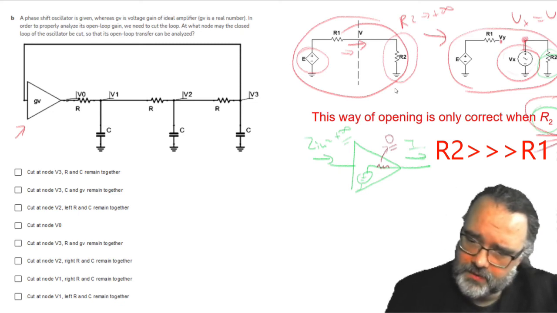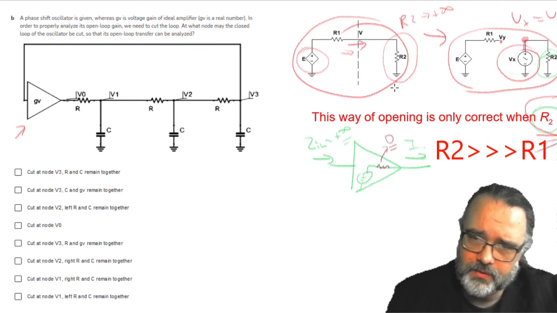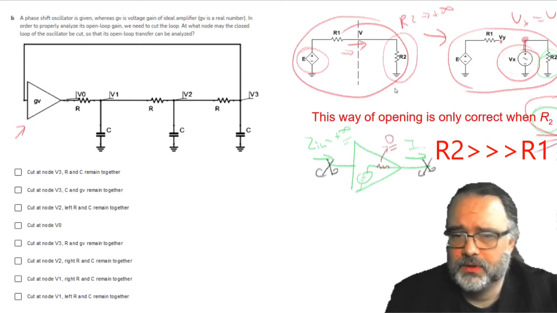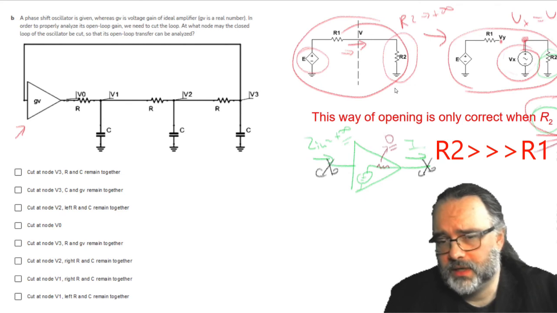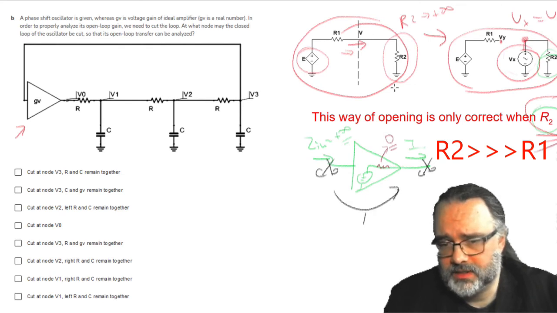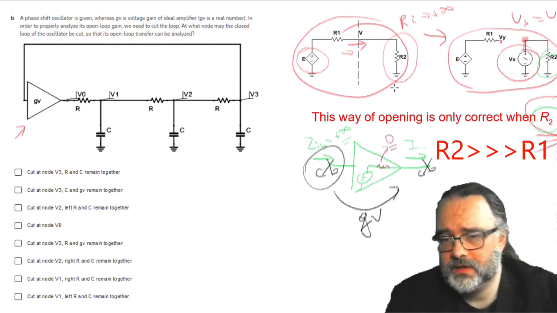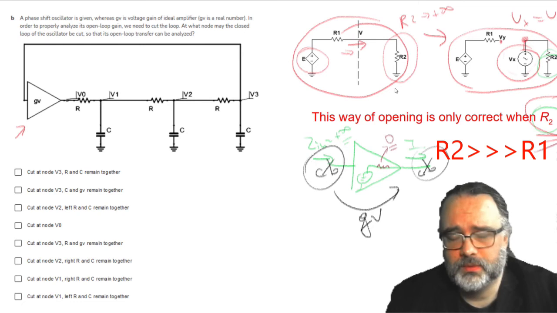So if you have a circuit with an ideal component in it, like a voltage amplifier, it is useful to cut the loop either at the input or at the output. Keep in mind that the transfer here is just a coefficient, in this case the coefficient GV. So whatever voltage we have here, we have the same but multiplied by GV.